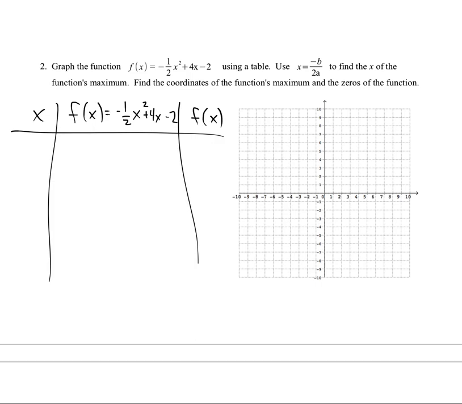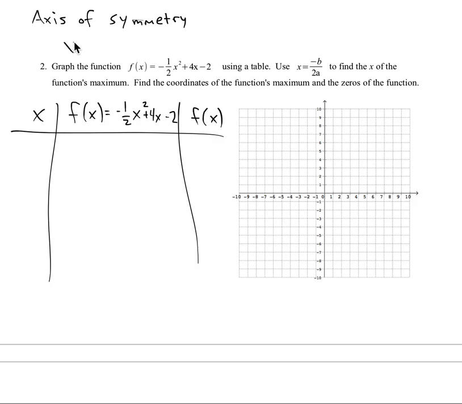Now before I go to pick the x's that I want to work with here, I just want to know, where does the vertex happen? I want to find the axis of symmetry first, because that'll help me make good choices when it comes to picking the x values.